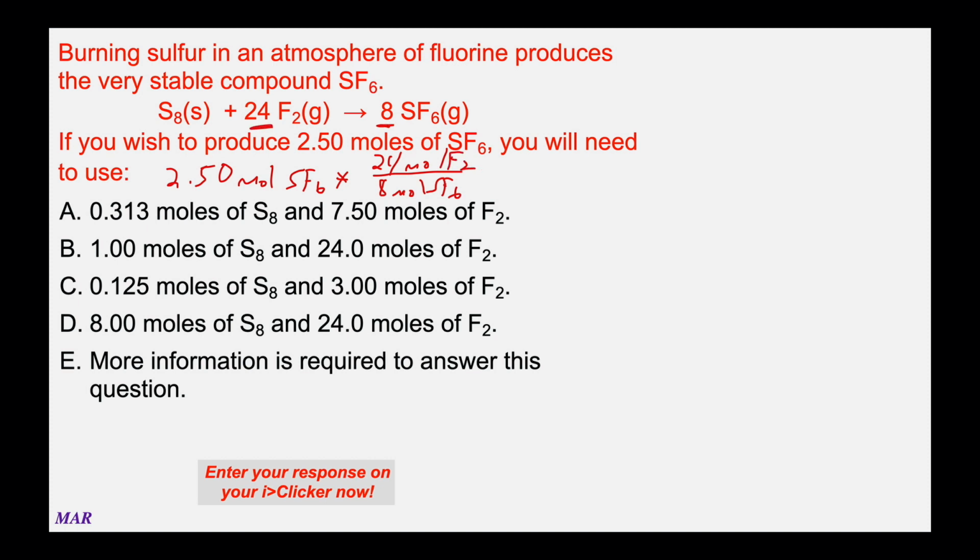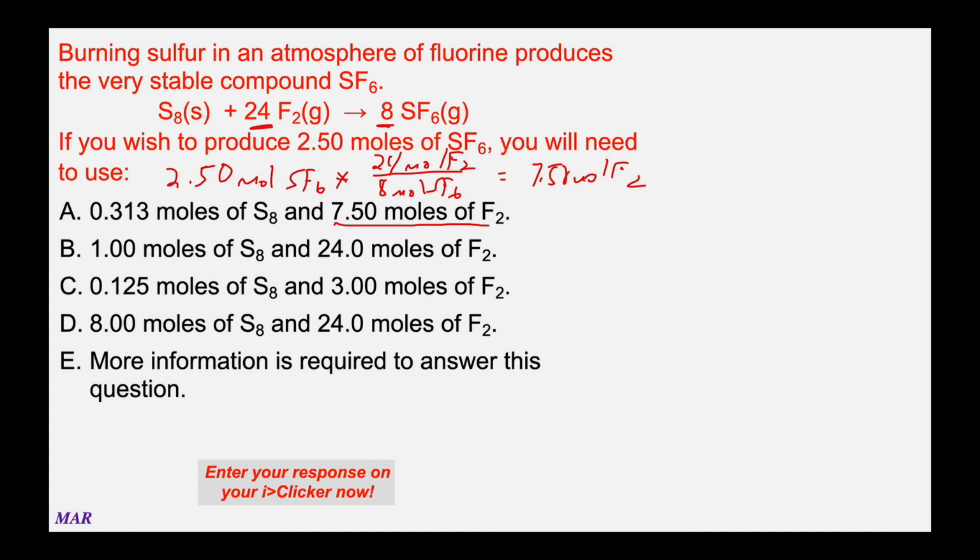They just come directly from the balanced equation, okay? So 2.50 times essentially 3 is going to be 7.50 moles of F2, all right? So I'm going to assume then that answer A is correct because that's the only one that's 7.50.